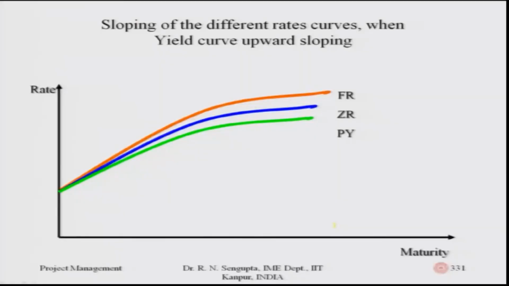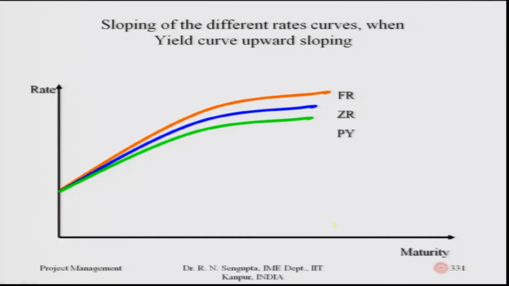Now, I will discuss in a very qualitative sense the sloping of the different curves when the yield curve is upward sloping or downward sloping. If you remember, we discussed the par yield, then we found the 0 interest rate for the projects, and then we considered the forward interest rate.